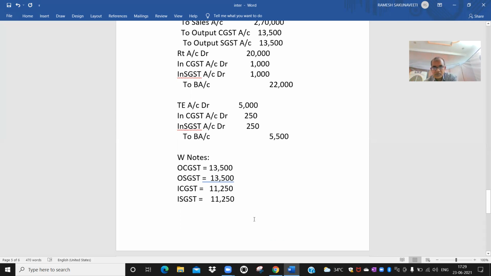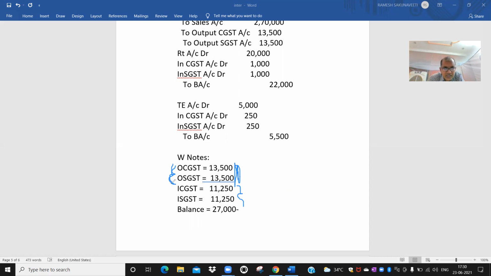Now you balance out. Balance means the difference between the two. Output CGST and output SGST, 13,500 plus 13,500, total is 27,000.